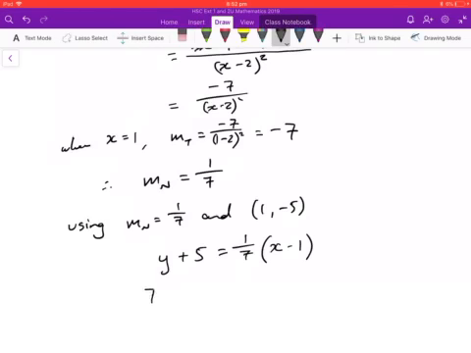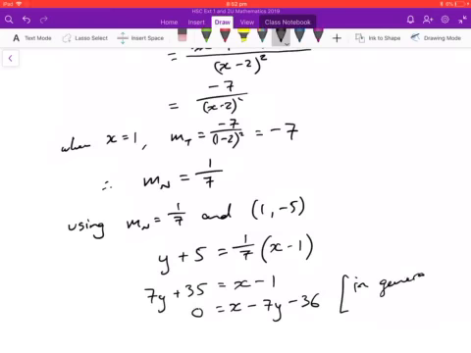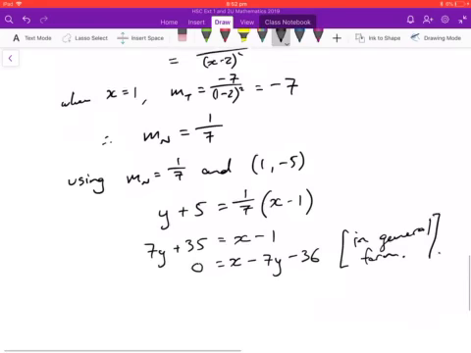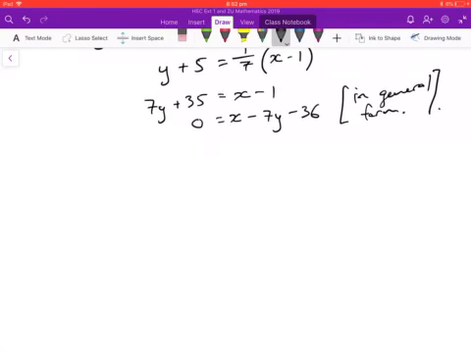If I multiply everything by 7, we get 7y plus 35 equals x minus 1. Move everything over to the right, we get x minus 7y minus 36, and there it is in general form. Happy days.